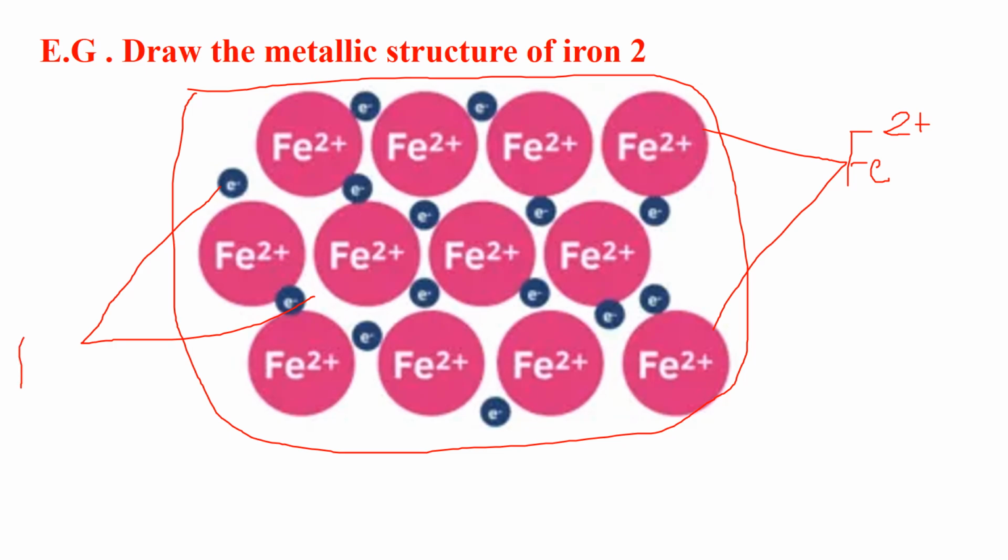These are called the delocalized electrons. So these are simply the free moving electrons or the delocalized electrons. So this is how you draw the metallic bonding. And remember, these are metals.